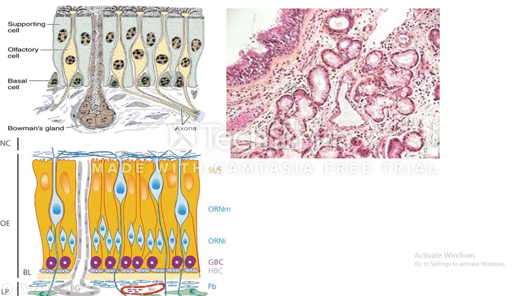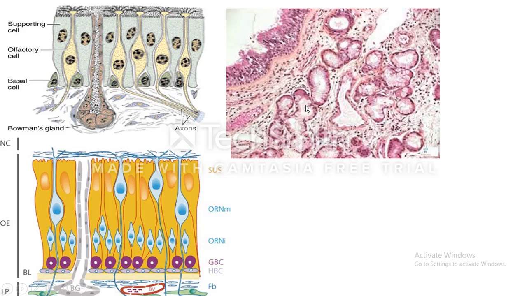This is a light microscope image of the olfactory portion, nasal cavity. In this part you have respiratory epithelium and the olfactory zone and olfactory cell. The olfactory cell is supported by supporting cells and basal cells, and in the lamina propria you have an acinar-tubular gland.